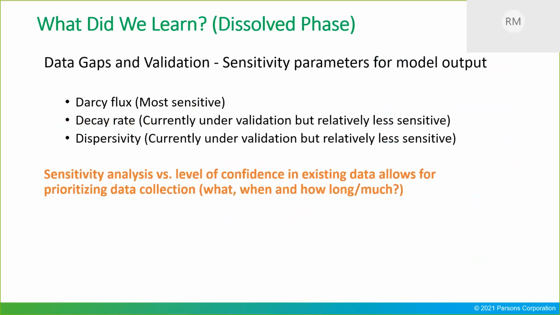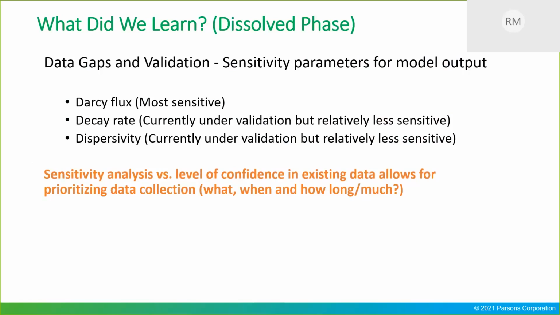Once we have a fair idea of the sensitive parameters and the level of confidence for the existing site-specific data, that allows us to plan or prioritize our data collection in order to refine the model and the existing data.